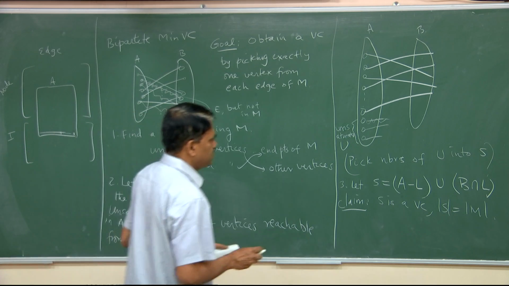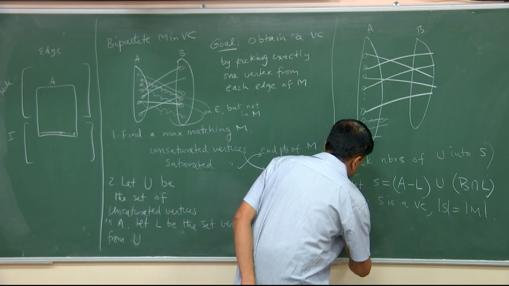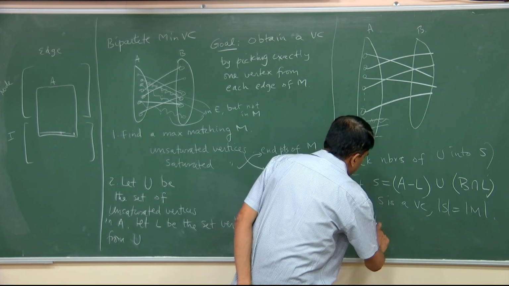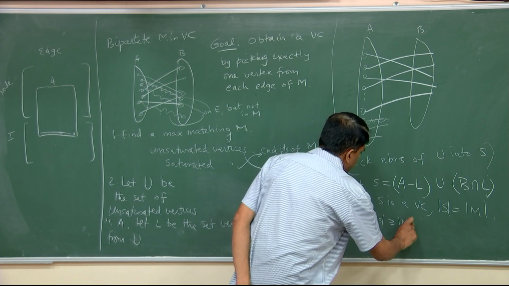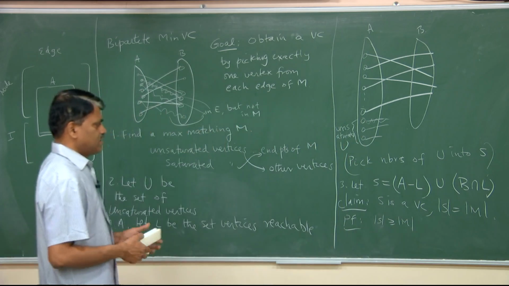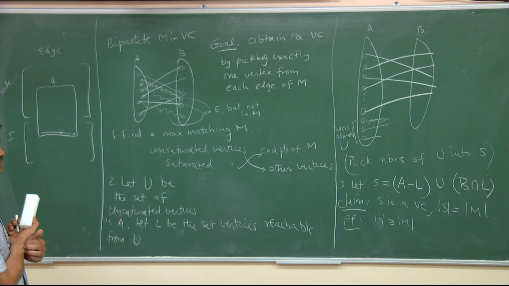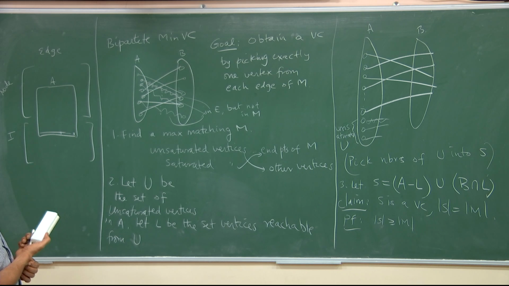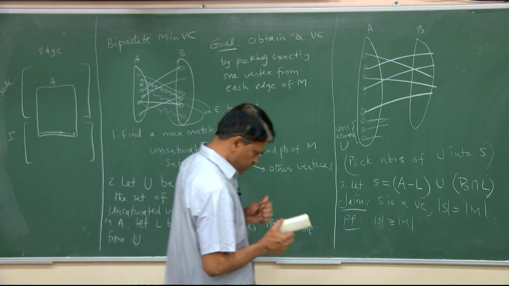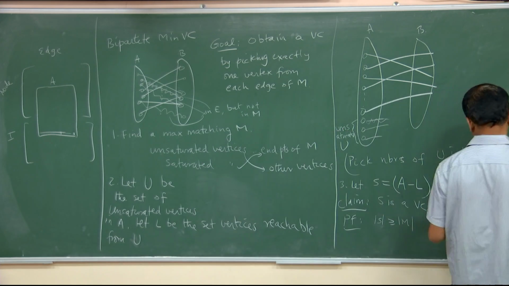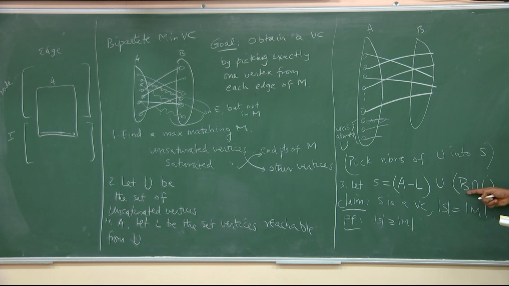Okay, so clearly, let's try and prove this. Cardinality of S is greater than or equal to M because anything in B which I'm picking, B intersection L, I want to argue that it's actually a saturated vertex.